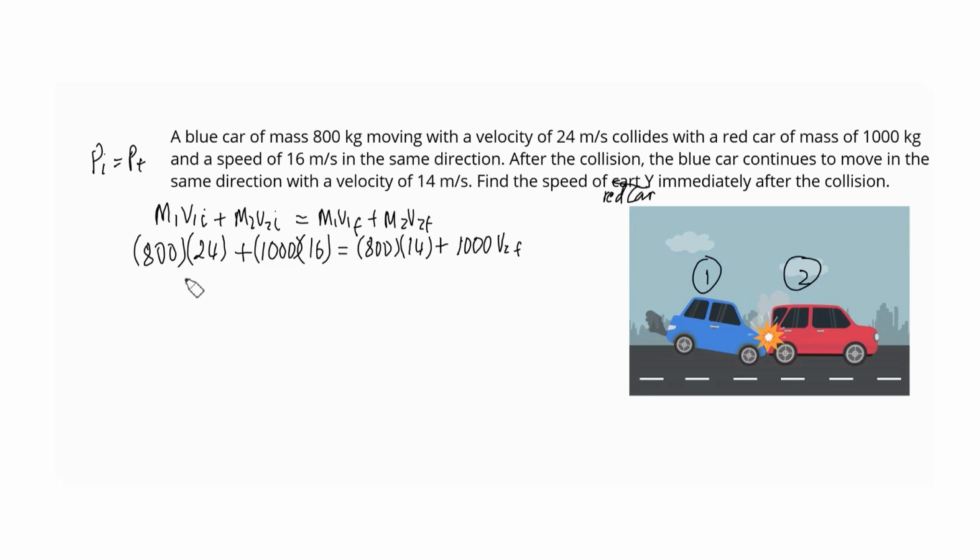We have 800 times 24, that's 19,200, plus 16,000 is equal to 800 times 14, that's 11,200, plus 1,000 V2F.